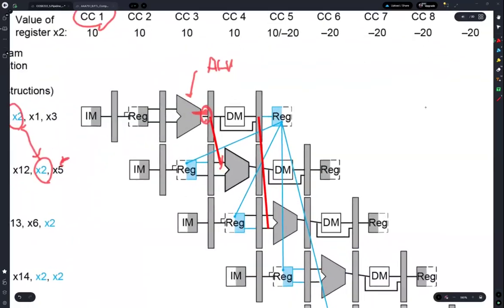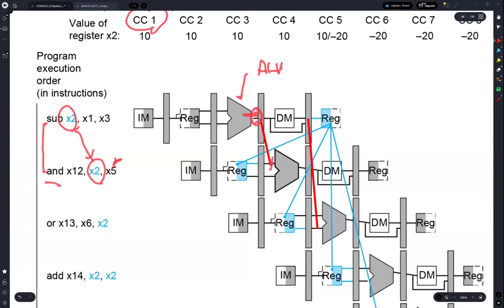If you see this timing, then we already know that the AND instruction can use the data generated by the ALU. How?